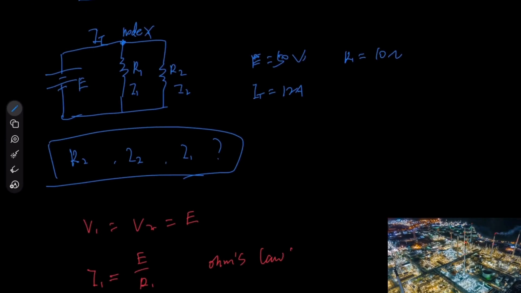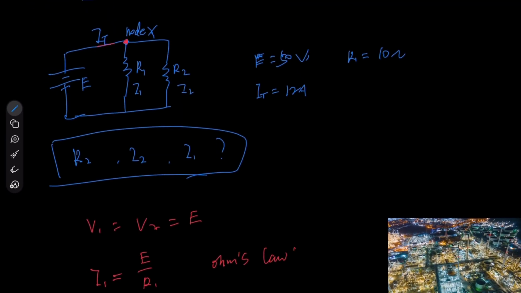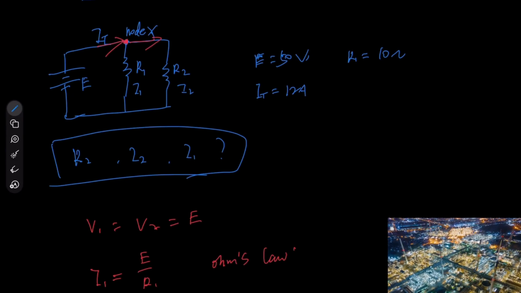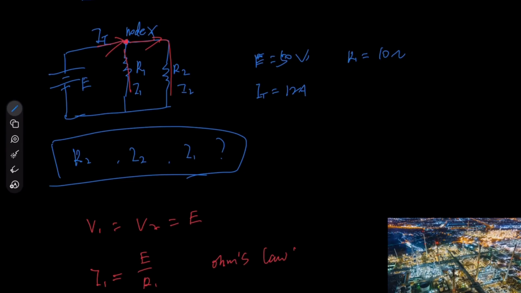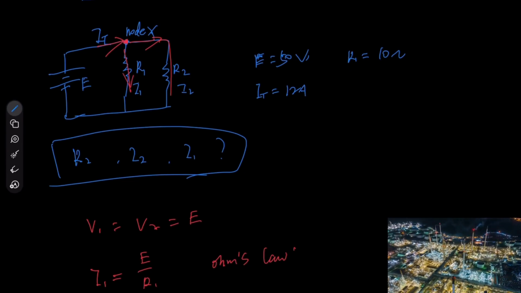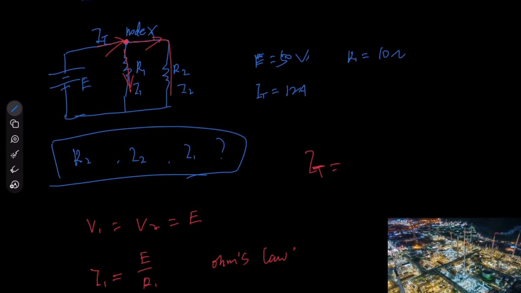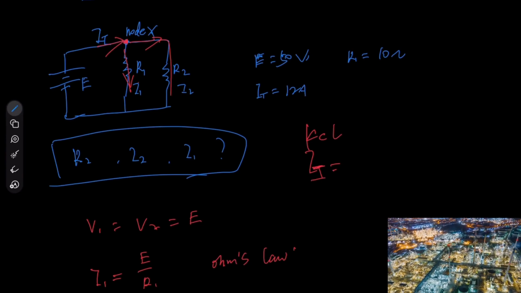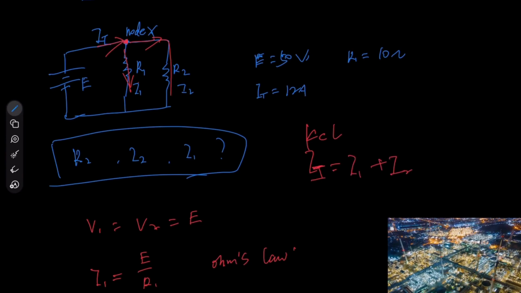So if we look at the circuit, at this point, this is IT. Leaving is I2, which is this branch, and I1, which is this one. So using KCL, IT equals I1 plus I2.